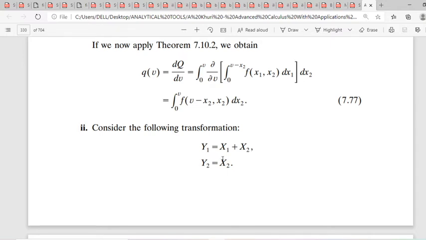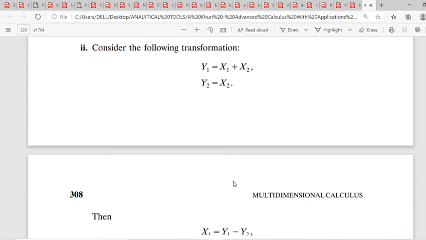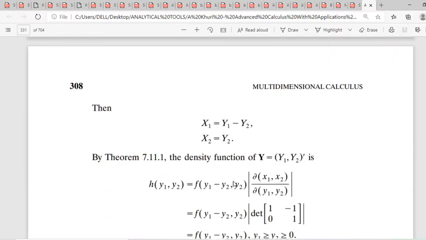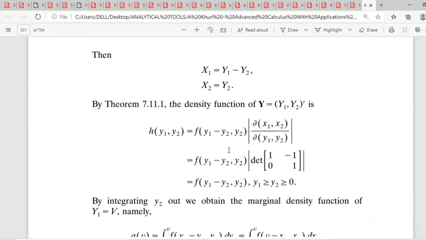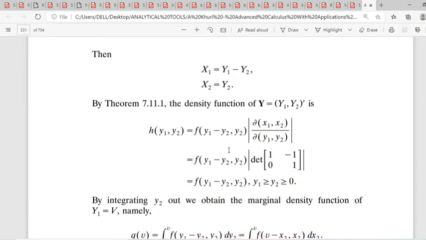In the second method we consider y1 equal to x1 plus x2 and y2 is equal to x2. Let us transform. So what will be x1 in terms of y1 and y2? That is x1 equal to y1 minus y2 and x2 is equal to y2. Just take dou x1 x2 by dou y1 y2, that is dou x1 by dou y1, that is 1, dou x1 by dou y2, that is minus 1, dou x2 by dou y1, 0, dou x2 by dou y2, that is 1.